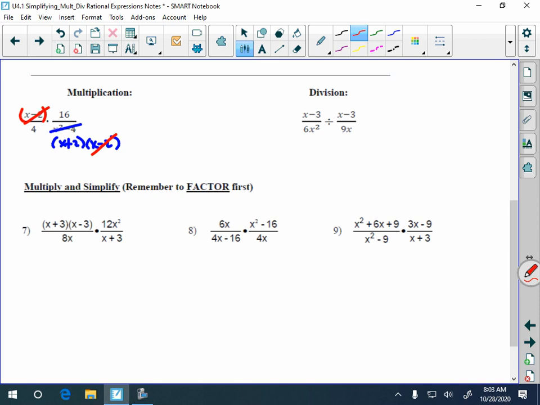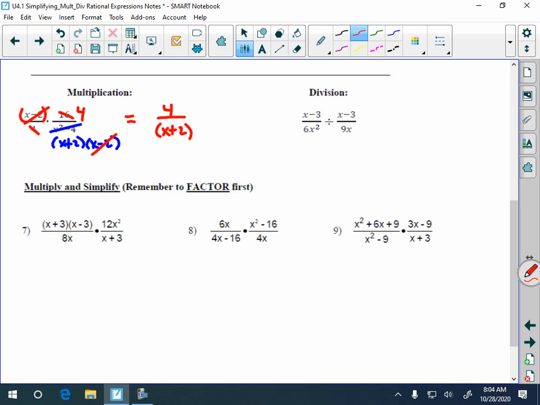You just can't cancel top with top or bottom with bottom. Diagonally, with the 4 and the 16, we can divide by 4. So on top, what's left is a 4, and on the bottom looks like x plus 2. All right, and again, that 2 and the 4 you can't cancel out because that 2 at the bottom belongs to the binomial, x plus 2, and you can't break it up.